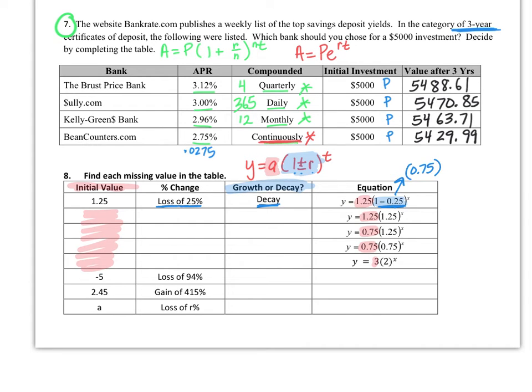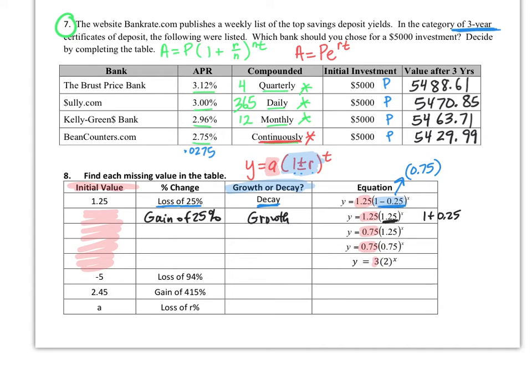So, for instance, in this next one, where you have 1.25, that is obviously, if we rewrote it, 1 plus 0.25. So it's a gain of 25%. You can tell because it had to be added because it's bigger than 1. If it's bigger than 1 in that parentheses, it's obviously a growth.